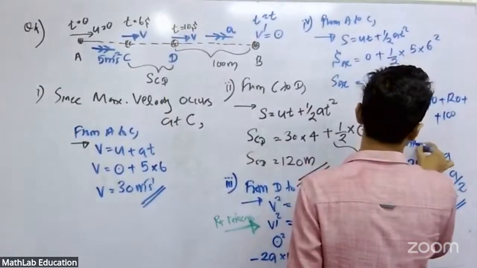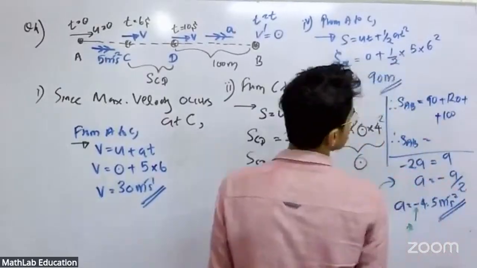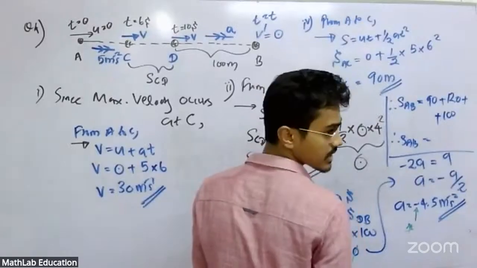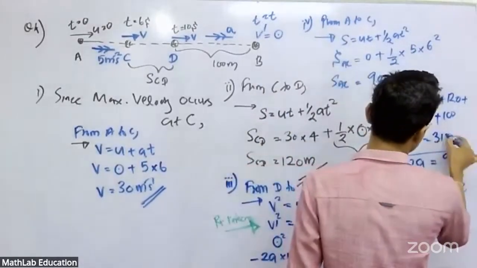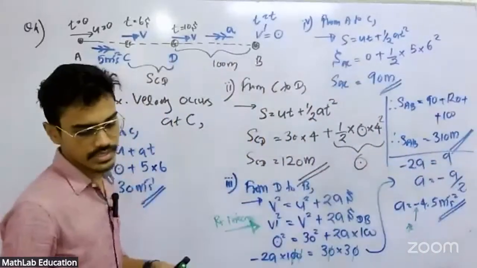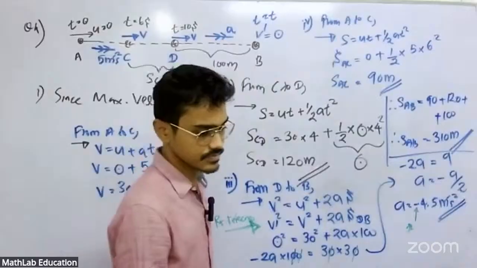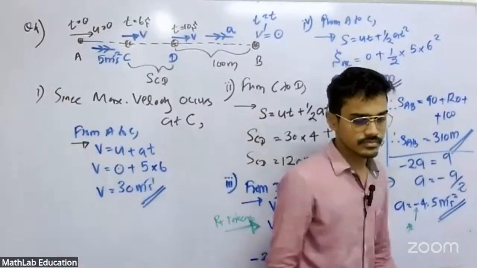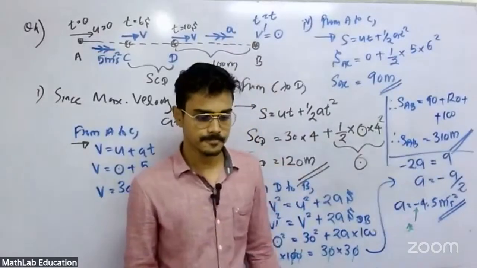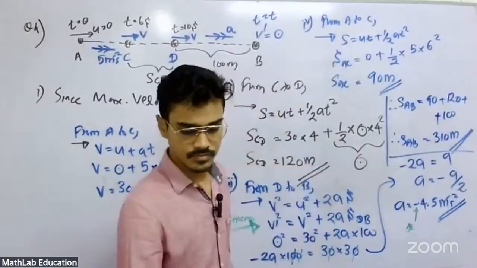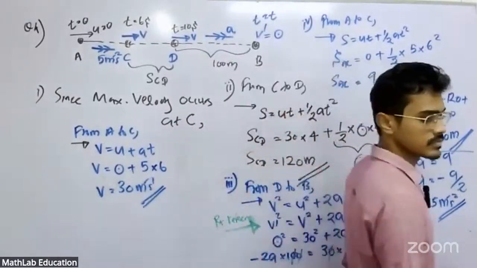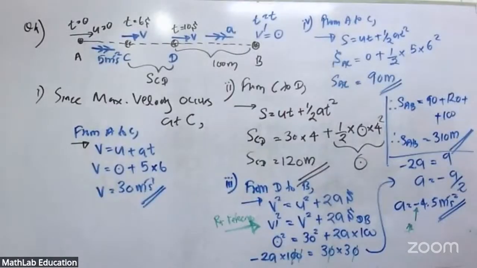So S_AB equals, sorry, 310 meters. The final answer, 310 meters. Good.